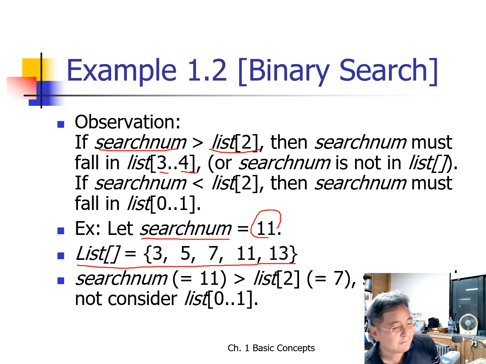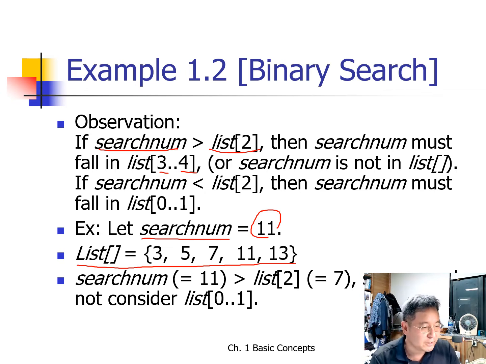At first, we will start with the middle data. In this 5 data, the middle data is 7. We will compare such num 11 and the middle number 7. 11 is greater than 7.